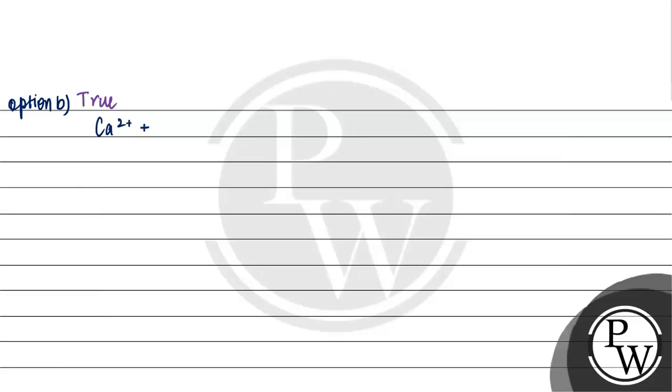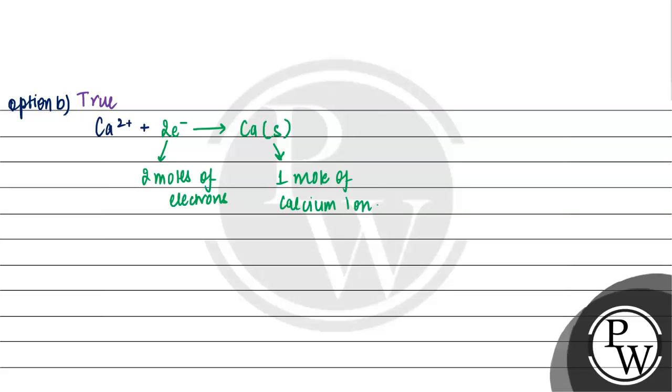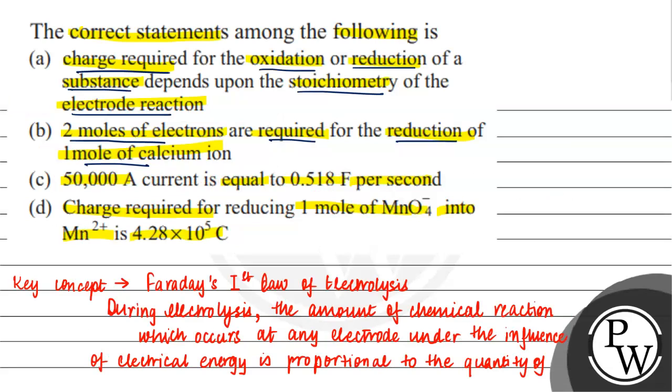If we look at the reaction, it is Ca2 plus plus 2 electrons gives Ca in solid state. We can see here 2 moles of electrons are reducing 1 mole of calcium ion. So this statement is true. So our first and second statements are correct.